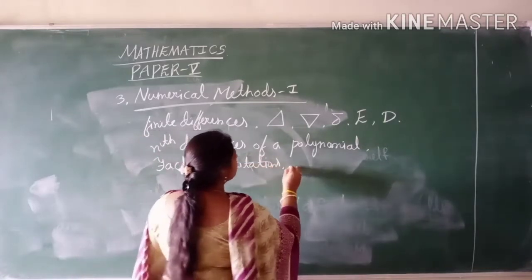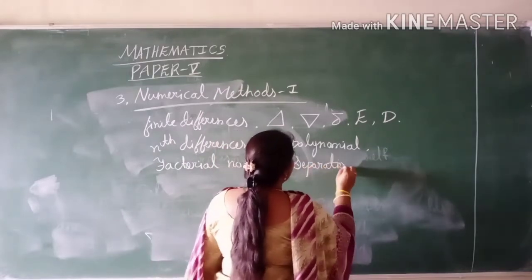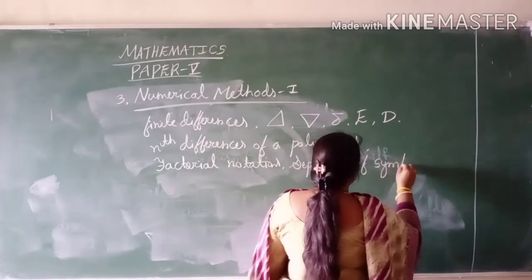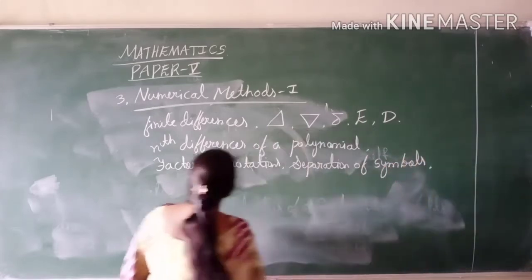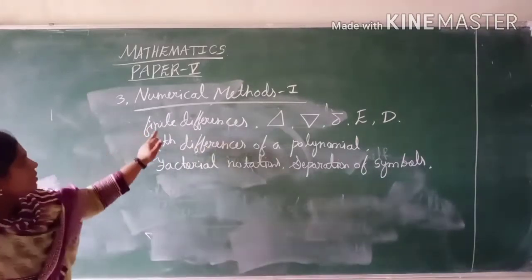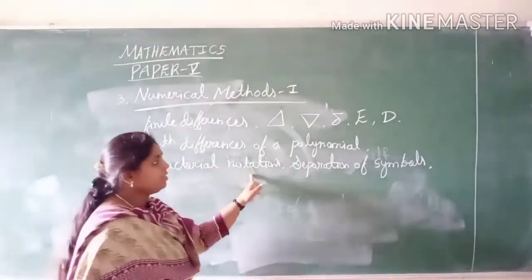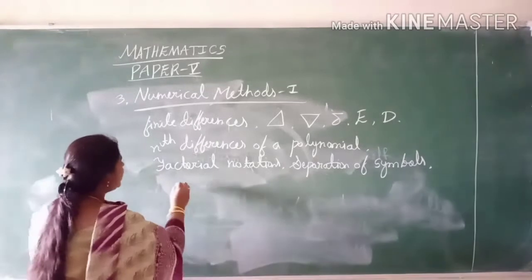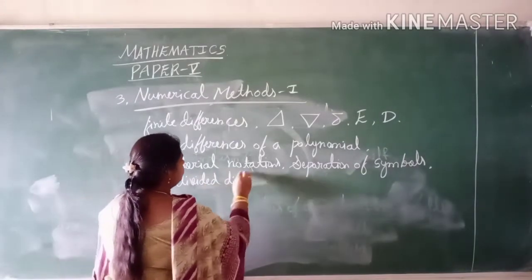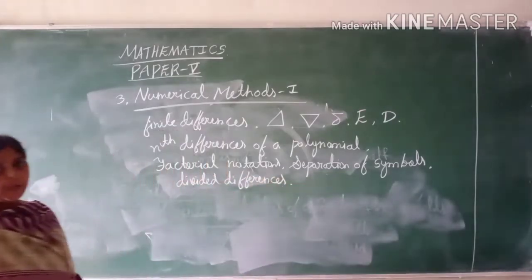Then, the separation of symbols. Next, you will learn the divided differences. Totally, you will learn 3 types of differences. First one is the finite differences. Next will be nth differences. And next will be the divided differences.